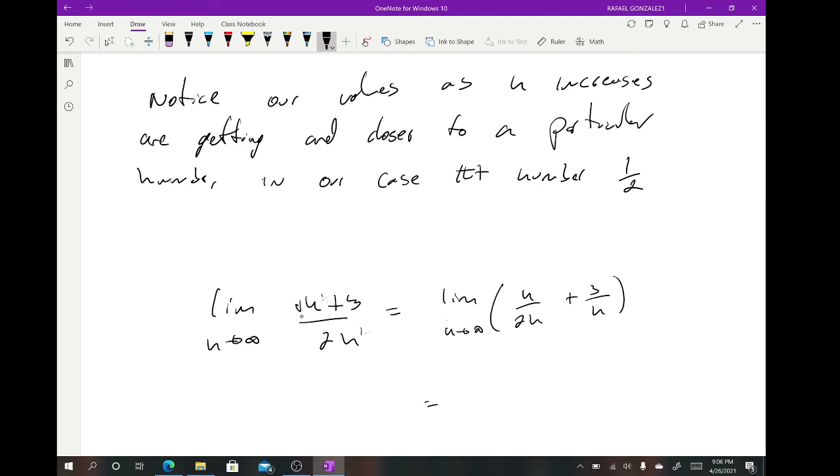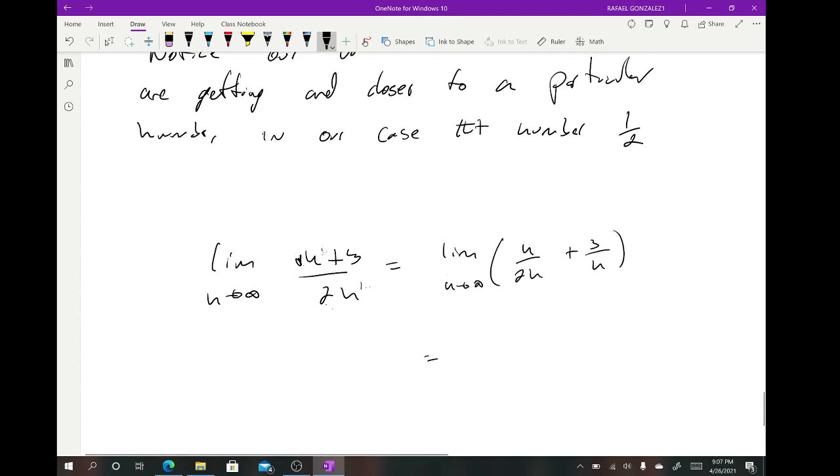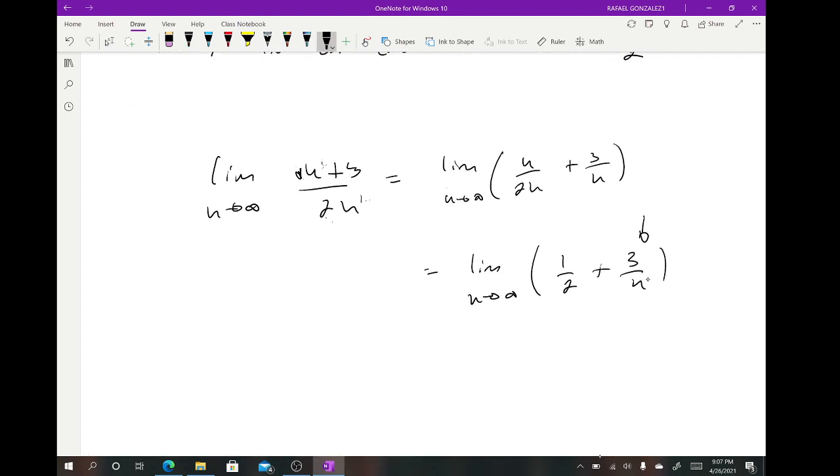So it's just the ratio of leading coefficients, which is 1/2. But just to do the whole limit argument, you can split it up and take the limit of each term individually. So this is the limit as n goes to infinity of 1 over 2 plus 3 over n, but we know that the limit of this piece is 0 because n is getting very big and 3 is remaining constant. So this is going to be 1/2 plus 0, which is just 1/2.